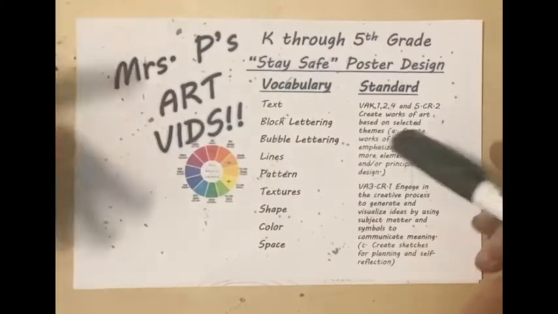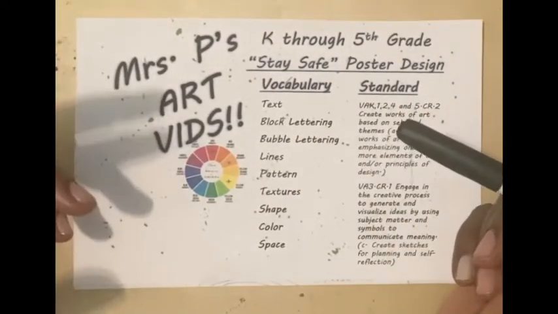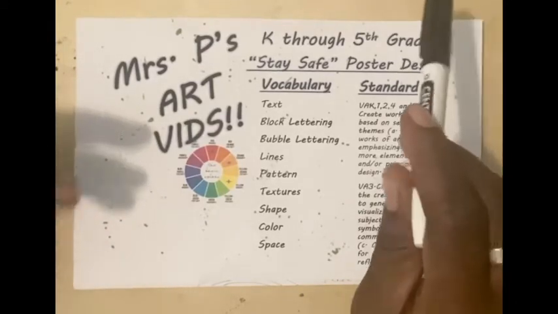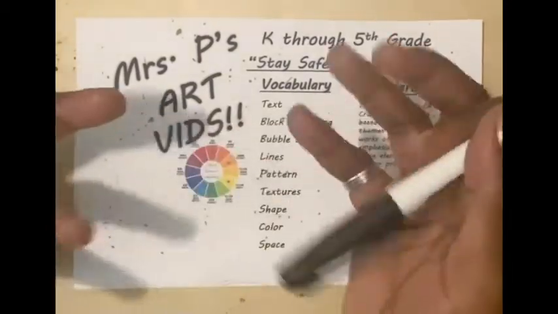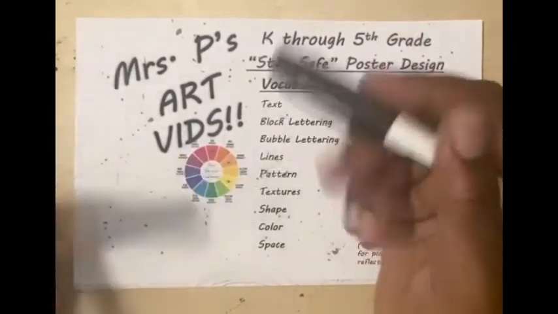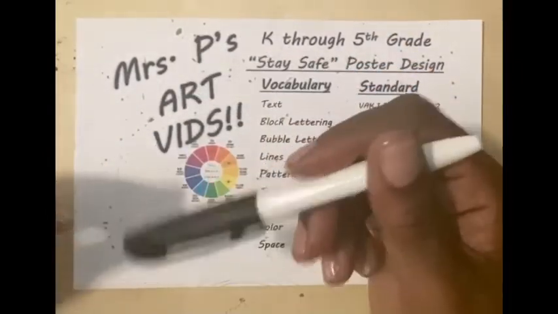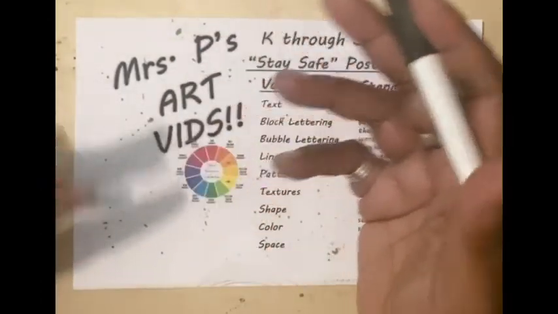All of my artists, let's do a quick review of some of the vocabulary that we talked about the last time we were together and some of the standards that we were working on. So we were talking about text and how we were going to be using different types of text to create artwork for our advocacy poster. Text again is anytime we use letters. We are using letters to form words that are going to convey a message.